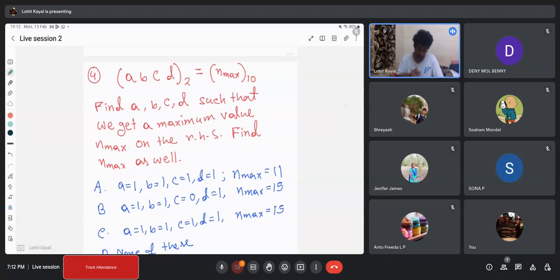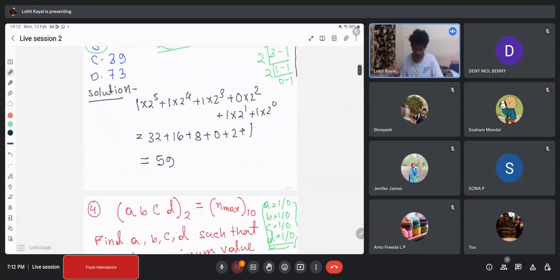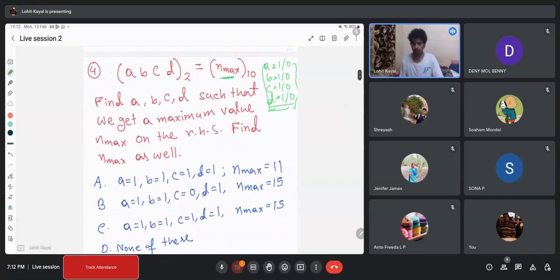So the question is, A can be 1 or 0, B can be 1 or 0, C can be 1 or 0, D can be 1 or 0. So you need to find what will be the values of A, B, C, D such that the value on the right hand side, which is n max, is maximum, and also you have to find what the maximum value is. So take a few minutes and come up with an answer.